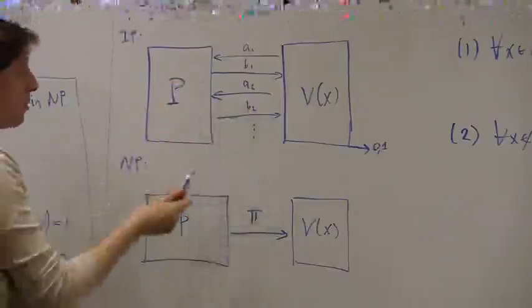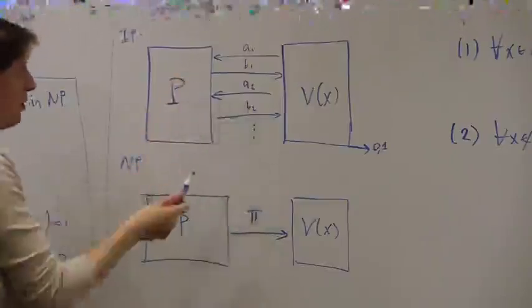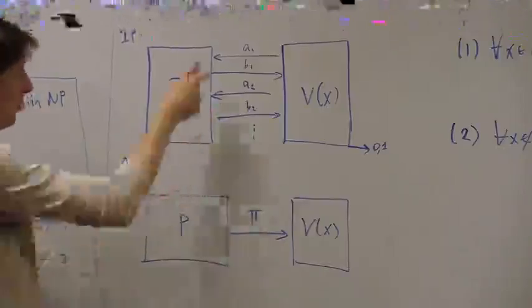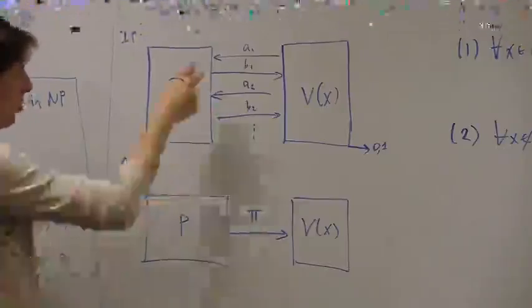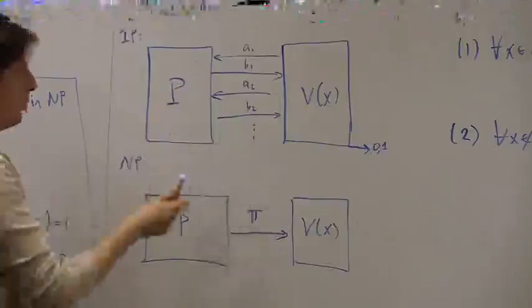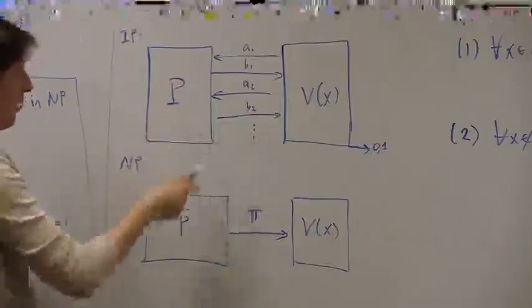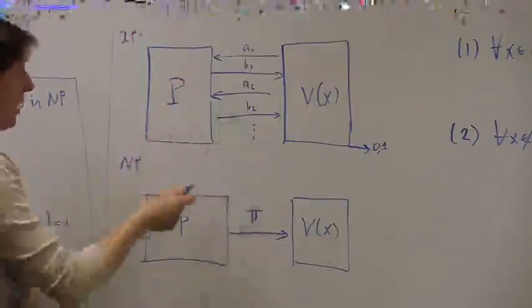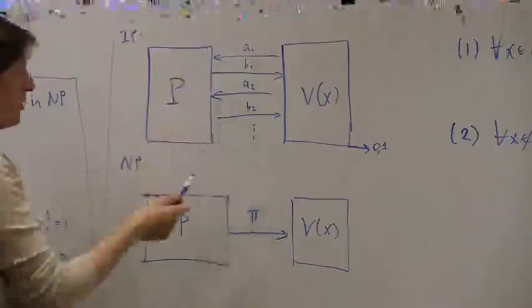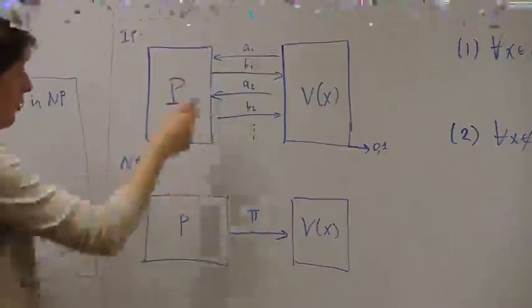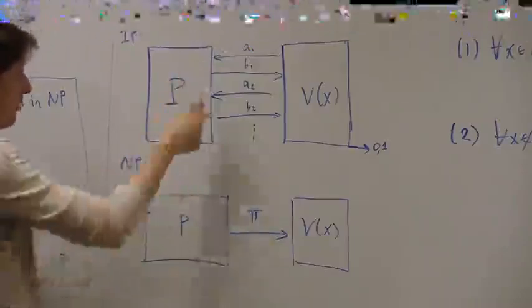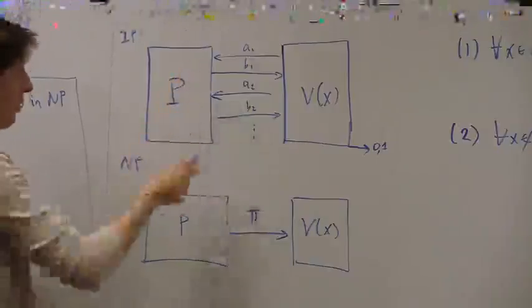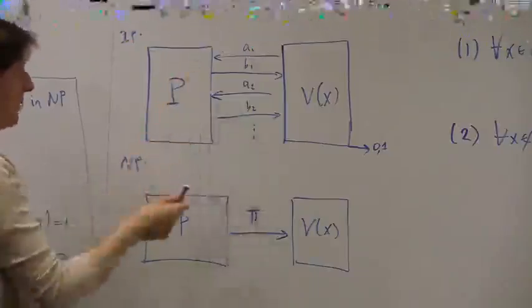In other words, uv is an edge of the first graph if and only if pi(u) and pi(v) is an edge of the other graph. Okay? And the intuition is that pi is reindexing the adjacency matrix of the graph. Okay?